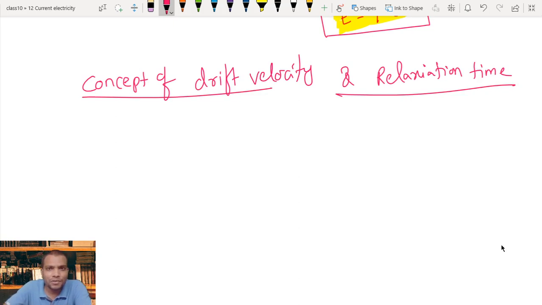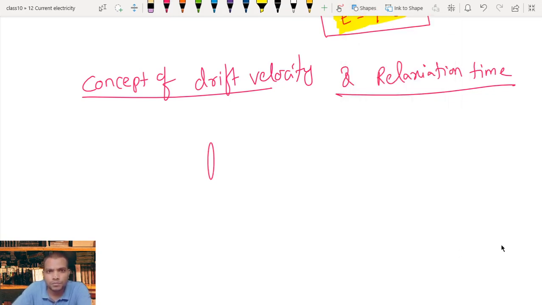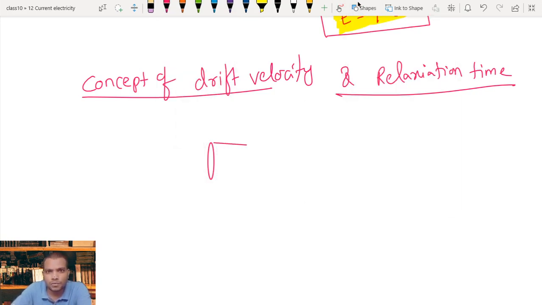What is this drift velocity? Suppose I take a conductor, which we can show in the form of a metal. It has free electrons, so they are free to move.